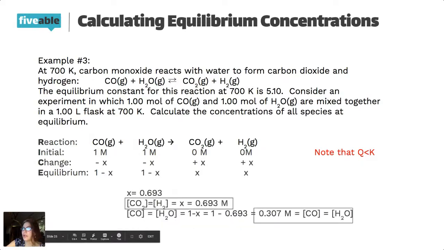Once we decide our X, we just solve for the individual concentrations. So we will have carbon dioxide and hydrogen at 0.693, and 1 minus that number, so 0.307, would be the molarity for carbon monoxide and water. Questions?